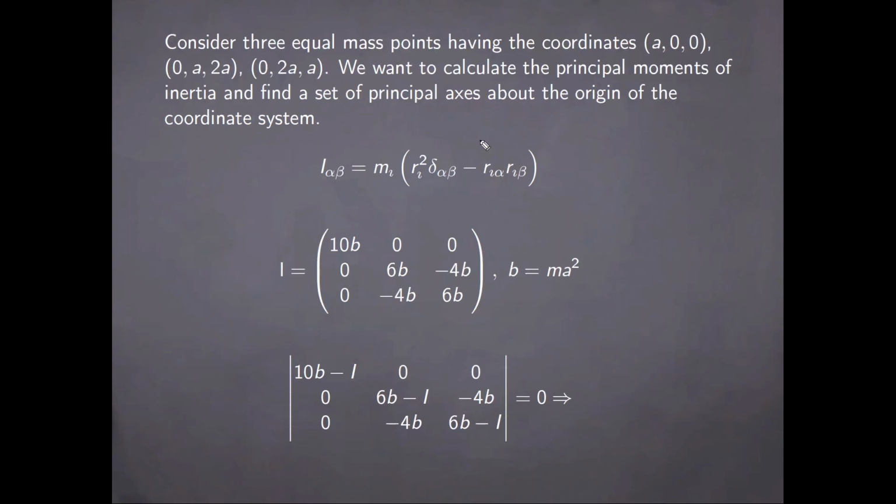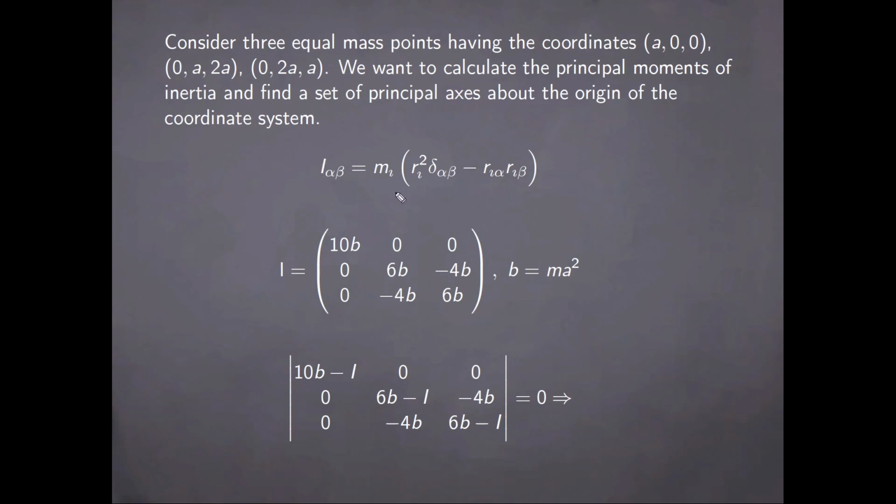As an example, consider now three equal mass points having the coordinates listed here. So the xyz coordinates of particle 1, of particle 2, and of particle 3. We want to calculate the principal moments of inertia and find a set of principal axes about the origin of the coordinate system. So specifically about the origin.